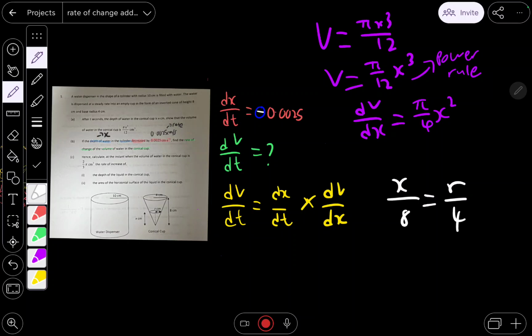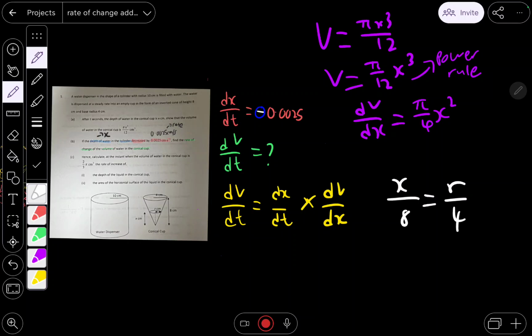But let's think about it in this way. Do we need to find x or no need? Okay, so let's see. We have our dV/dx, we have our dx/dt, and we have our dV/dt, right?